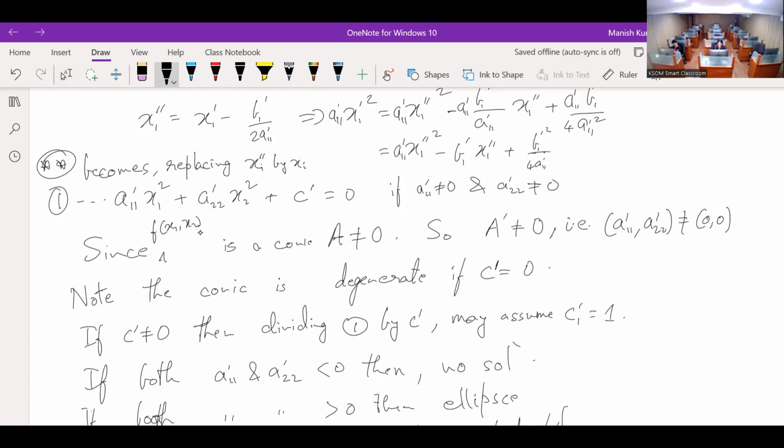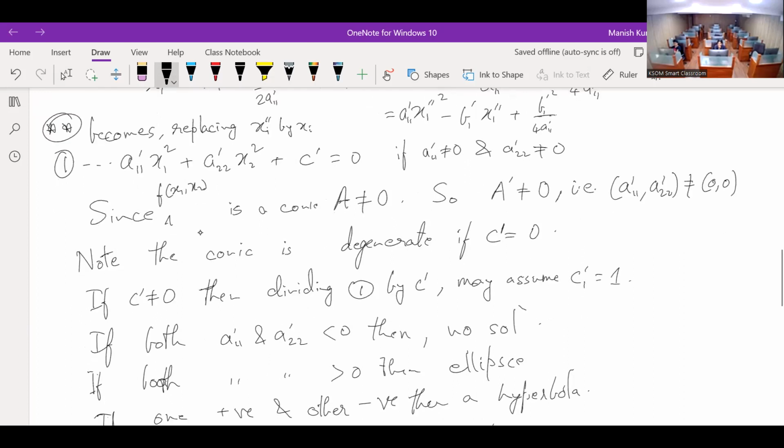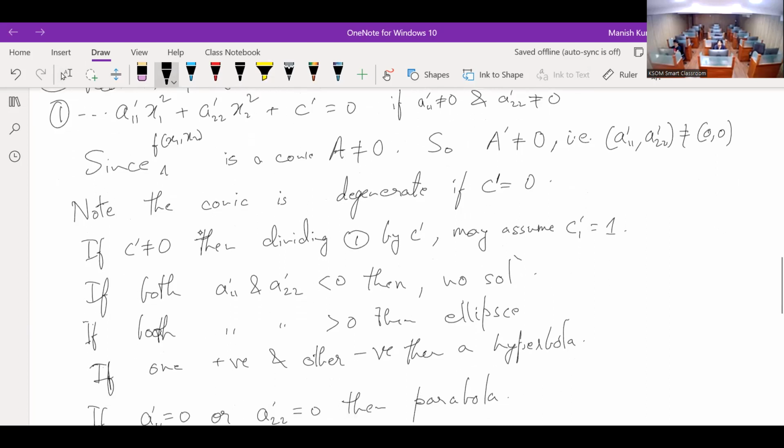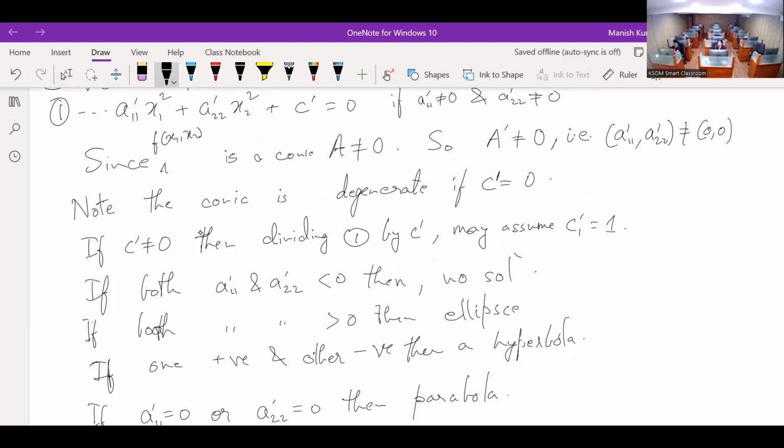So we'll have to assume that c prime is non-zero. There are many cases. If c prime is non-zero, then by dividing the whole equation by c prime, we may assume c prime is 1. Now you look at a11 prime and a22 prime.